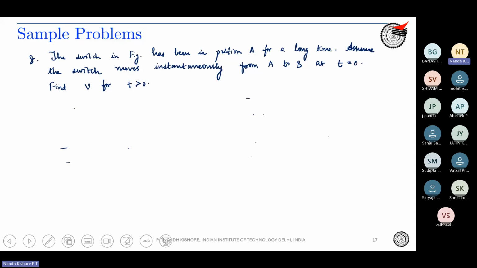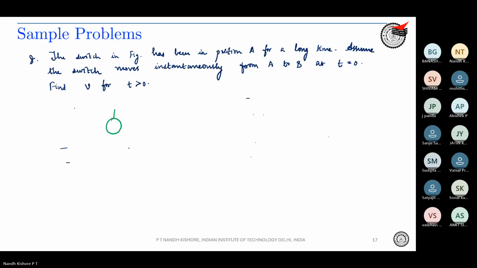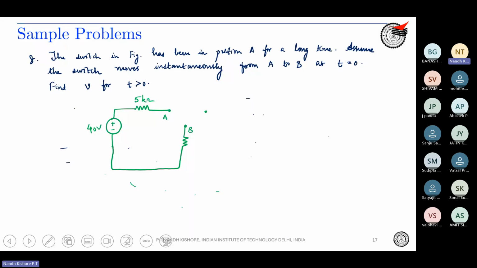So the circuit is 40 volts, 5 kilo ohm, so I have A. This is 2 kilo ohms.